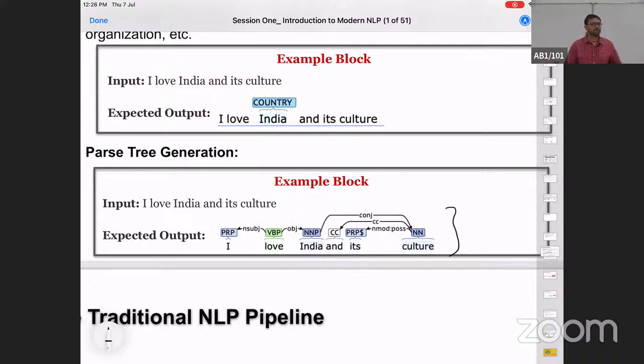For example, you can have a noun phrase in your sentence, and a noun phrase will contain multiple words that have some relation with each other. You have an adjective which is modifying a noun, so there will be an edge between that adjective and that noun. These are called relations. So this parse tree is going to contain those edges, those relations. Again, this is going to be useful. We'll see where.